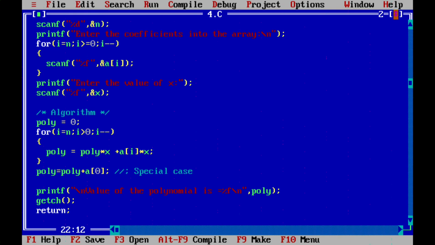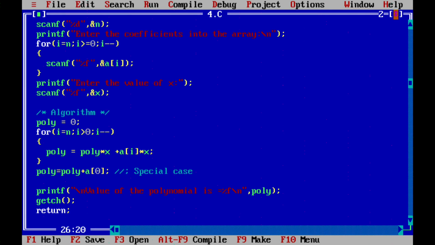The next time, poly becomes a x square, x cube, x4, while we multiply with x, and add the new variable a of 4, a of 3, a of 2, a of 1. This is a special case where there is no x, which is why we manually initialize a of 0. So that's it, 1, 2, 3, 4, 5 lines, you're done.